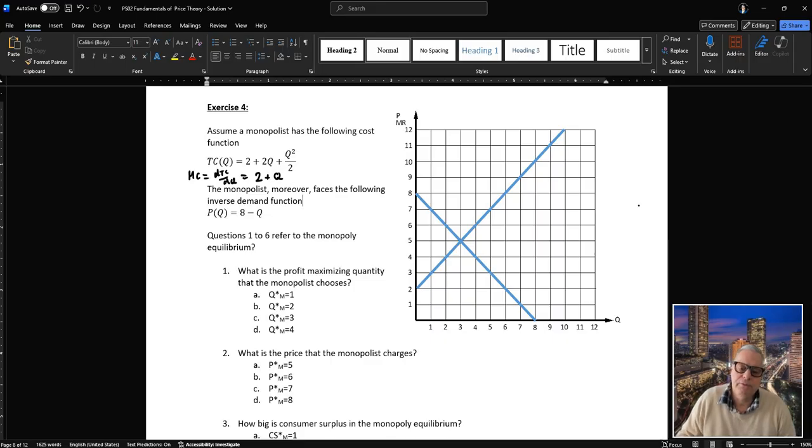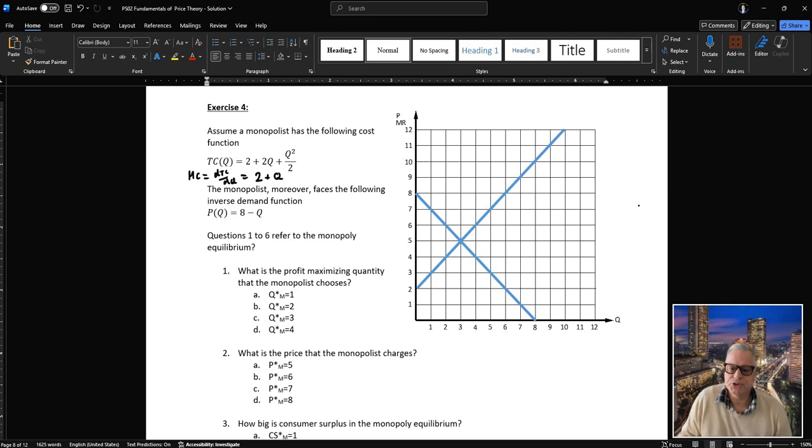And so now that we have a monopoly, we know that what a monopolist does is it will make sure that marginal cost equals marginal revenue. But for a monopolist, the total revenue is not a fixed price that originates in a perfectly competitive market, because the monopolist is not a price taker.